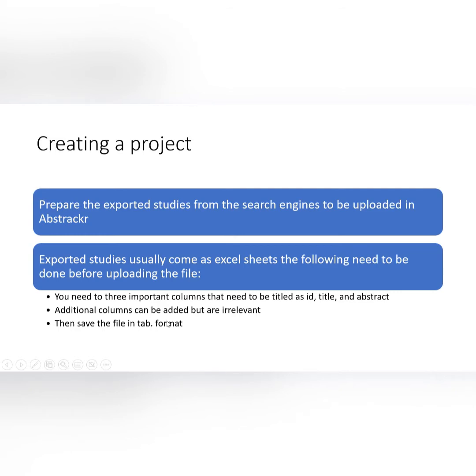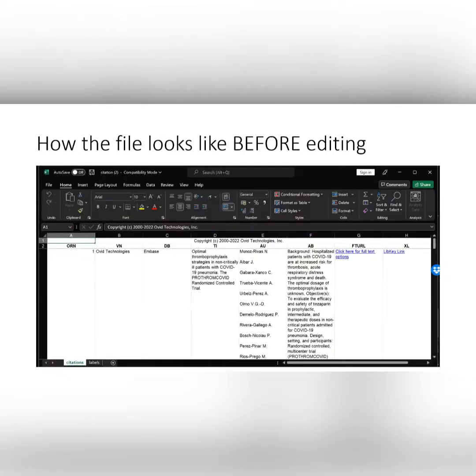I screenshotted my computer to show you how a file would look after searching Ovid. You export the studies, and this is what you usually get, a file that has some information. When you export the file in Ovid, and I think we can do that in another presentation, you have the option of what you want to export: abstract, title, and the Ovid number.